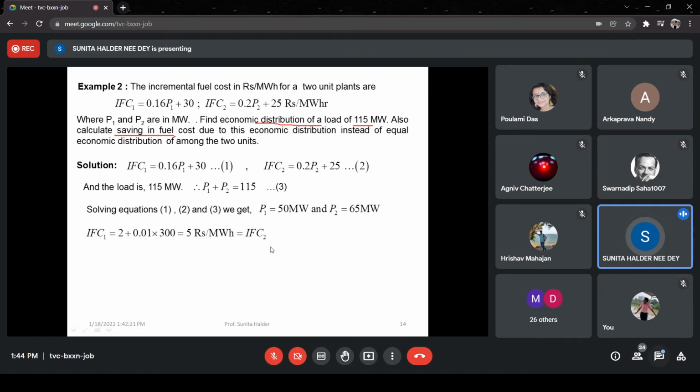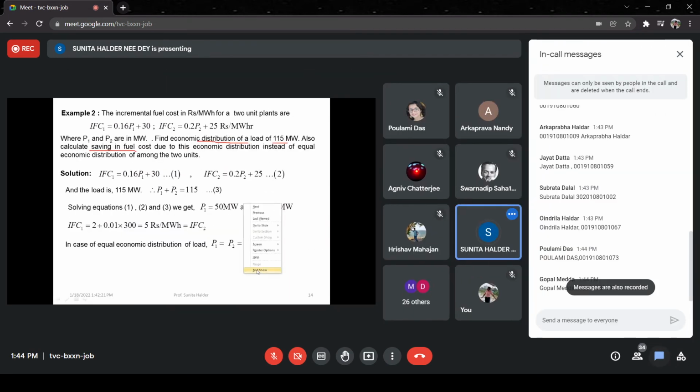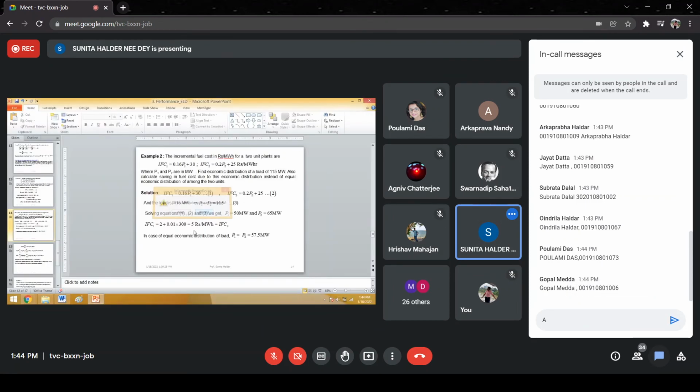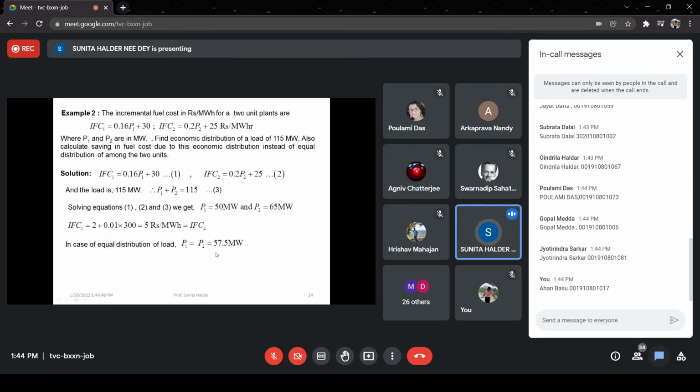Now incremental fuel cost will be the same, obviously. Now if we want to distribute them equally, equal distribution of load, not economic, it will be just divided by 2, so 57.5 for each generator.